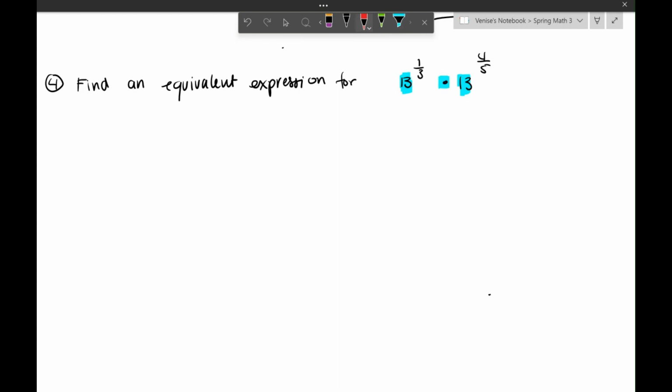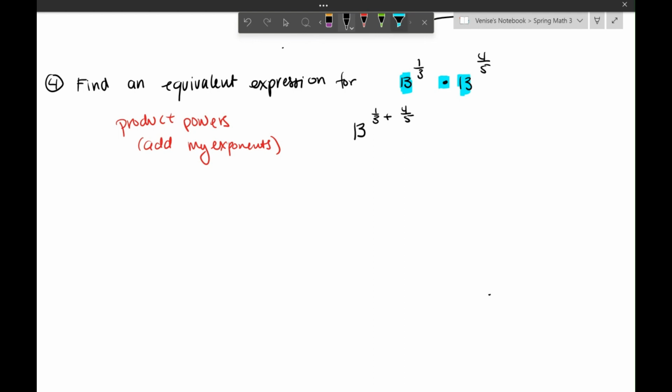Now what property tells me to do that? It is product of powers. Product of powers tells me I can add my exponents. So that means we get 13 to the 1/3 plus 4 over 5.